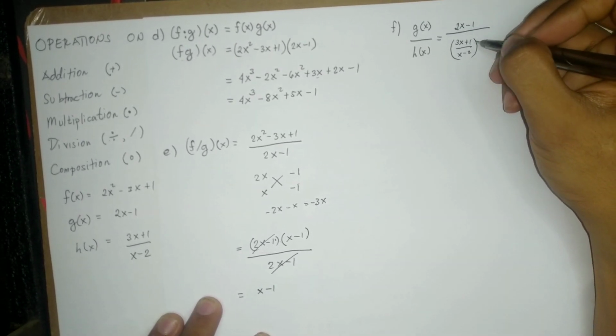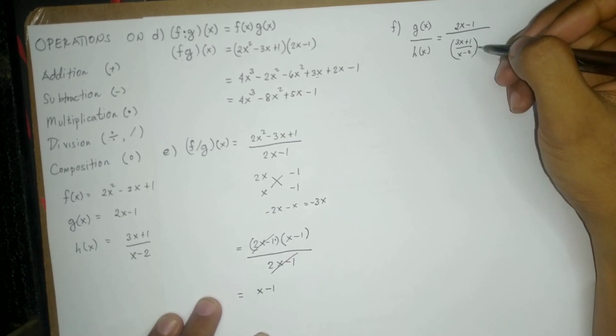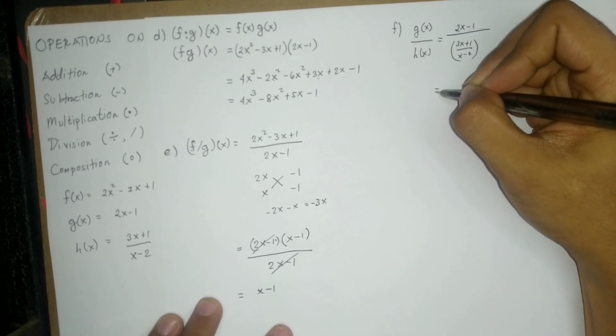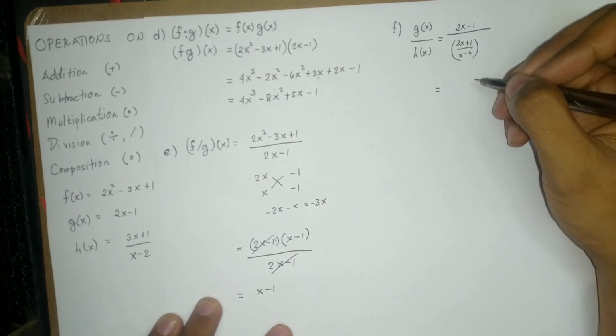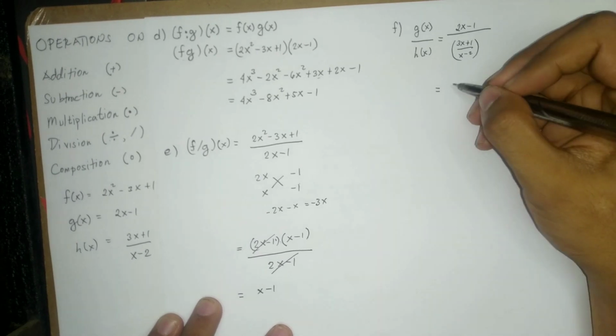Our numerator is this, not just x minus 2. So be careful when dividing. Now, as a rule, in division of fractions, we take the reciprocal of the denominator and then we proceed with multiplication.